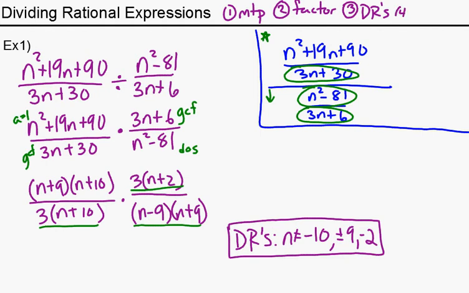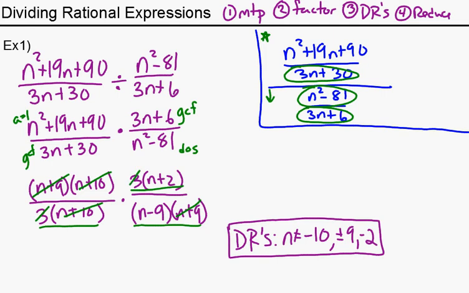My final step when I'm solving these is to reduce. Remember, we reduce binomials with binomials and monomials with monomials. So n plus 10 and n plus 10 go. Since I'm multiplying, they're all in the same fraction, so I can reduce the whole way across. And the monomial 3 and 3 is going to reduce out.